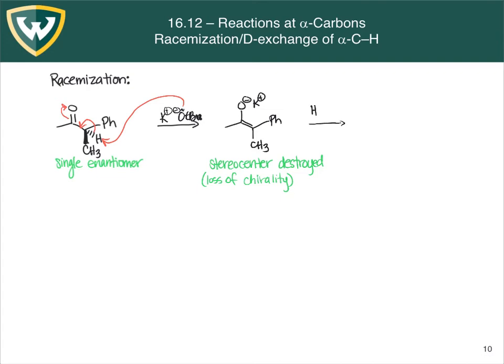And so there's nothing to actually control which one of those happens, and you'll get an equal mixture. So we reform our pi bond, and we deprotonate our conjugate acid, and that gives us the carbonyl, but we have both enantiomers here.